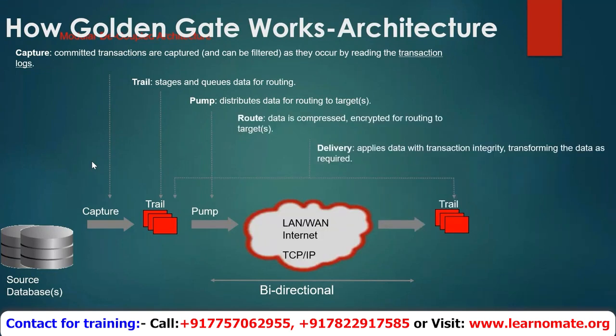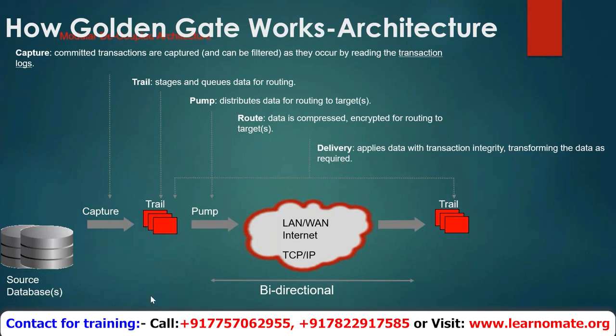The trail file residing on the source database or source server is called the local trail. The trail file residing on the target machine is called the remote trail because it is remote to your source database. So the capture process captures the data and writes to the local trail.